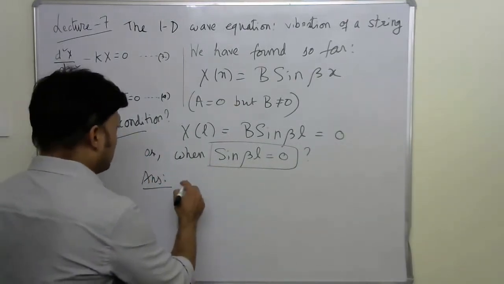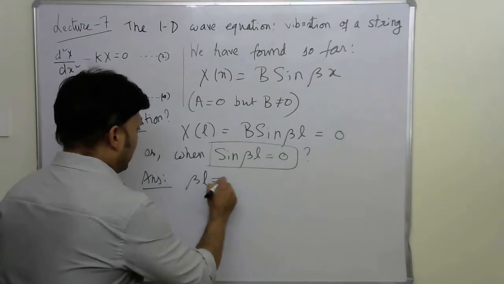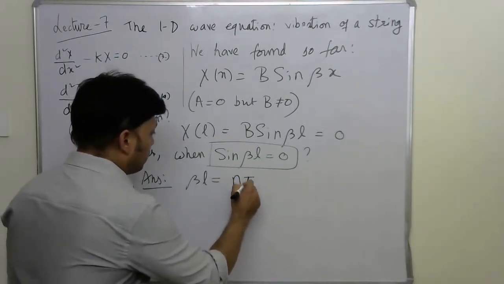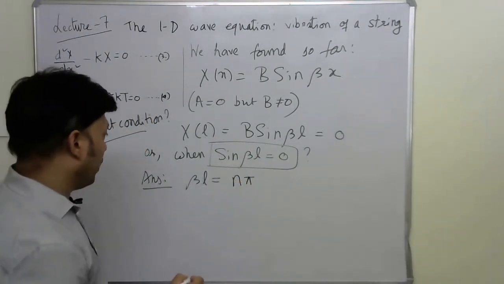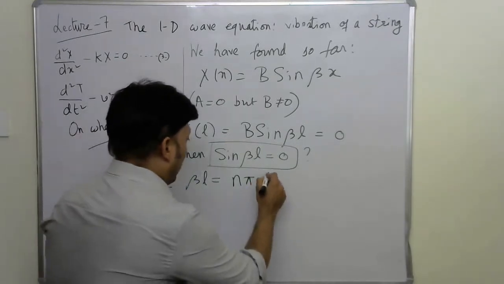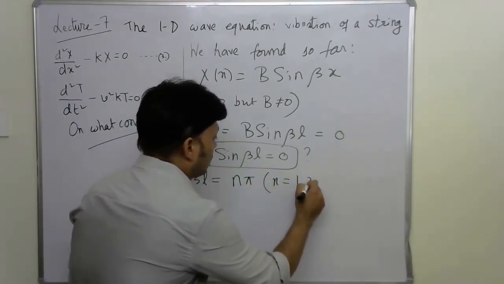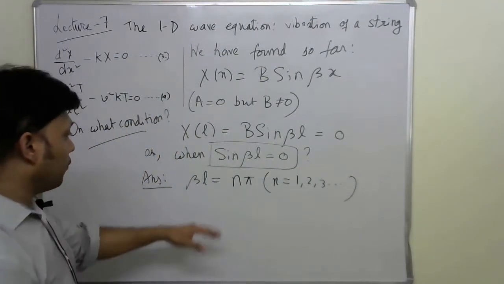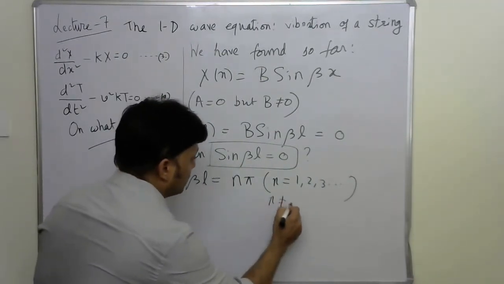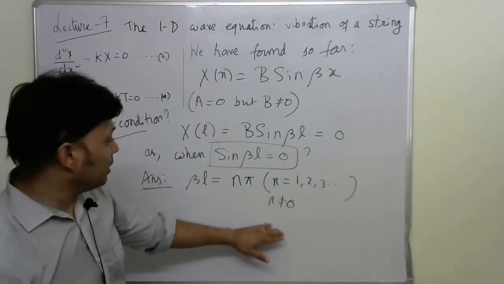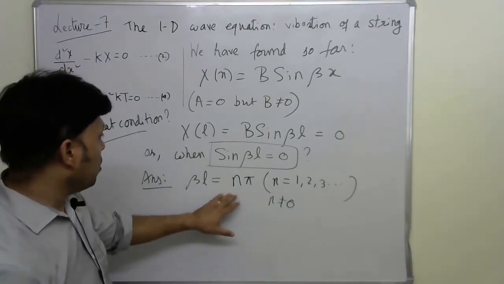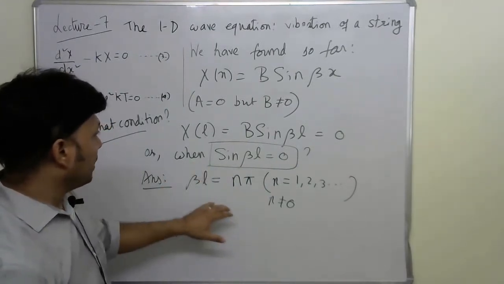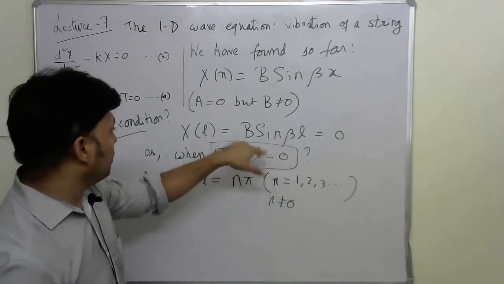The answer is when beta L is equal to an integral multiple of pi in terms of radians, where n stands for 1, 2, 3, etc., positive integers. But of course, n cannot be equal to 0. Why can't n be equal to 0? If n is equal to 0, once again this entire part becomes 0.